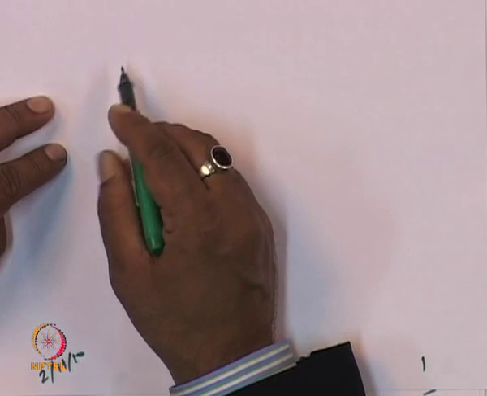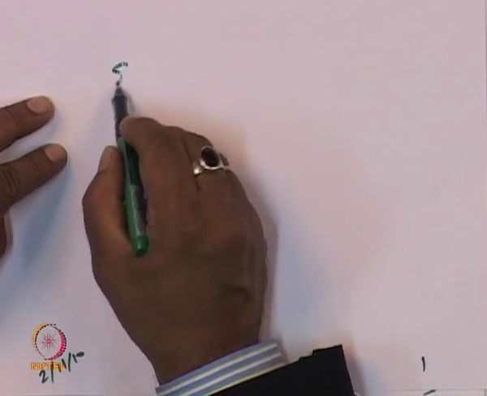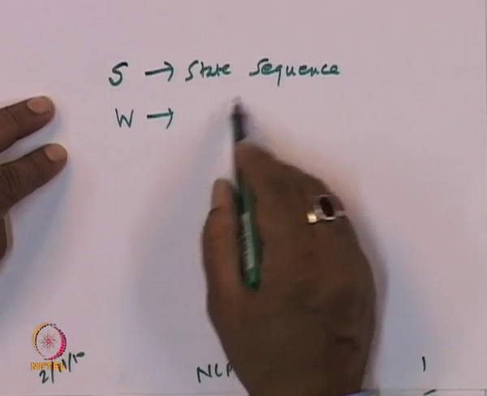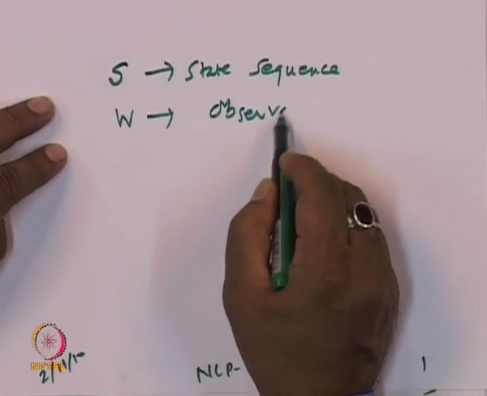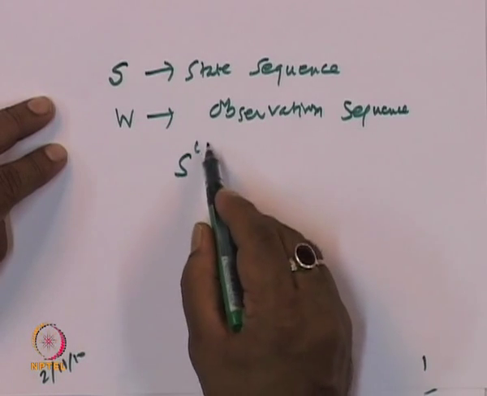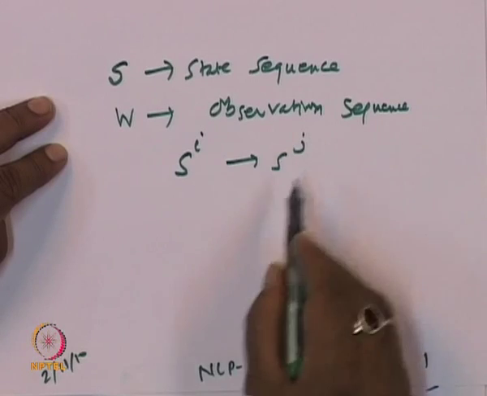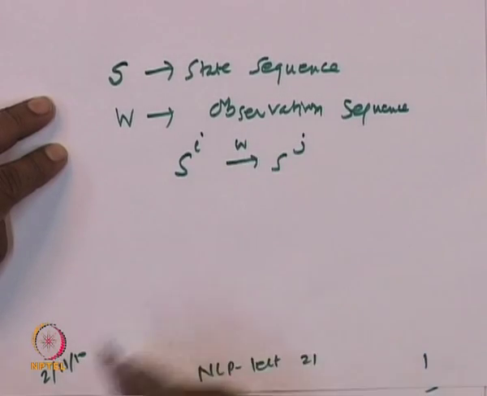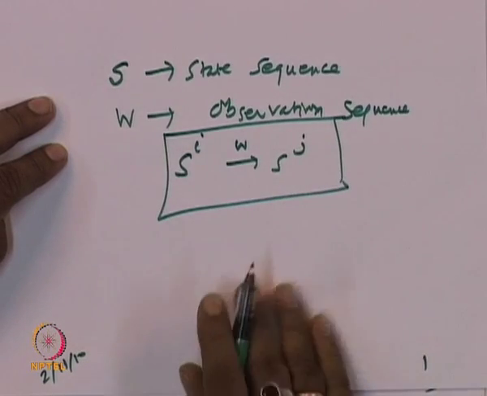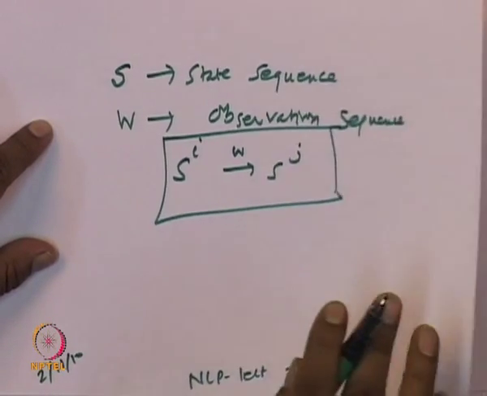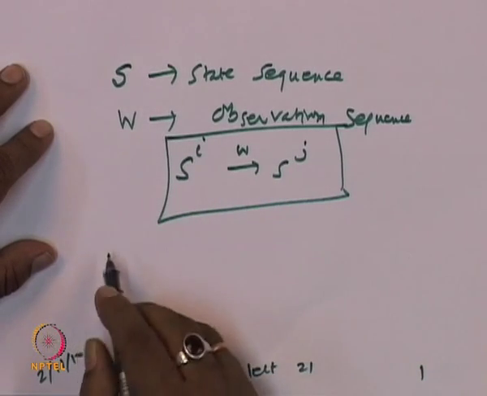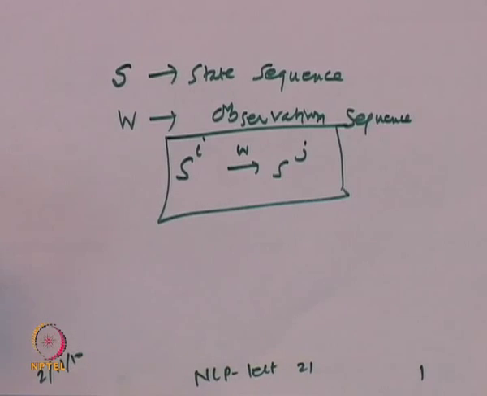Suppose there is a state sequence S and the observation sequence is W, and suppose a pattern S i to S j on W appears in this. The count of these will be as follows.